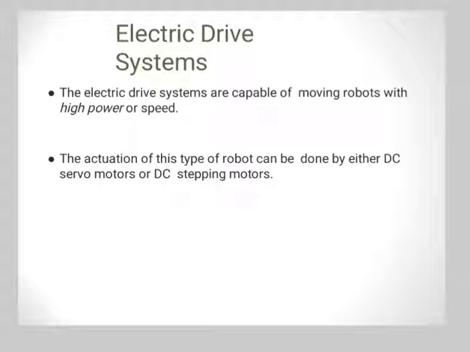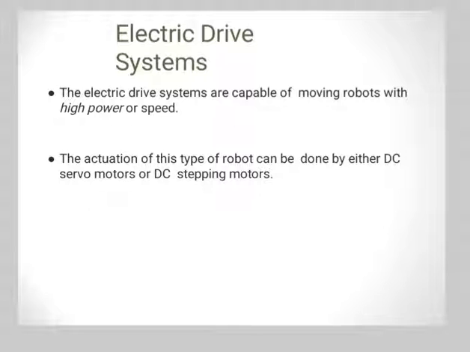The electric drive systems are capable of moving the robot with high power or speed. The actuation of this type of robot can be done by either DC servo motor or DC stepping motor, and it is well suited for rotational joints as well as linear joints.